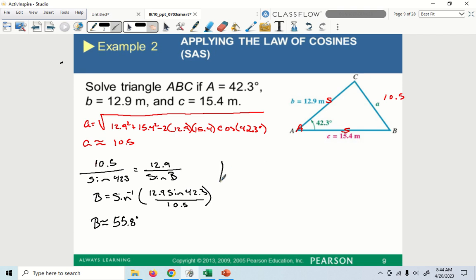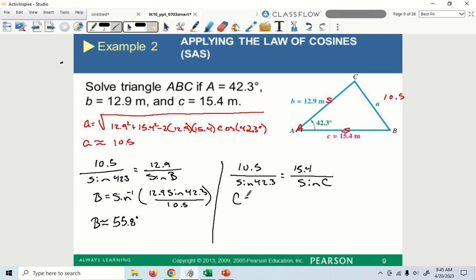So I'm going to say 10.5 over sine 42.3 is equal to 15.4 over sine of big C. Now, you guys ready to big brain this one?